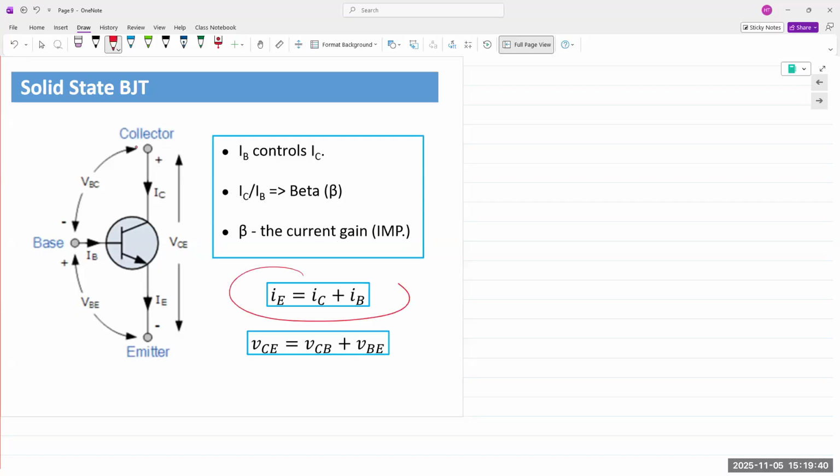So IE, the total emitter current, is IC plus IB. The relationship between the collector current and the base current is known as beta. It is one of the most important parameters for a BJT.